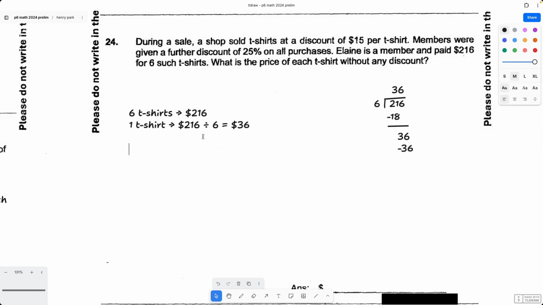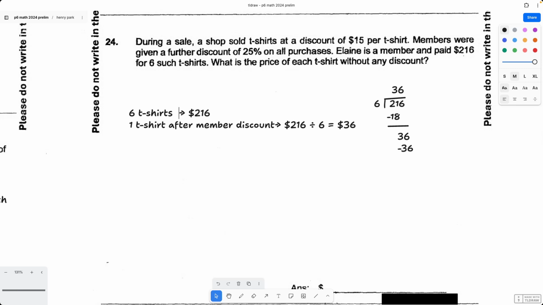So this is basically after discount. After further discount, right? 1 t-shirt after further discount, after member discount. Okay, that makes more sense.